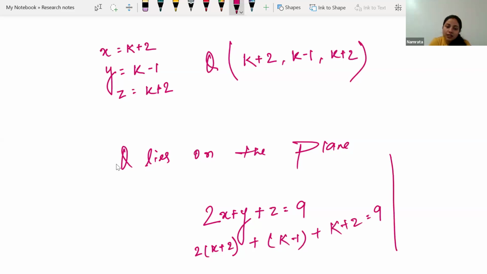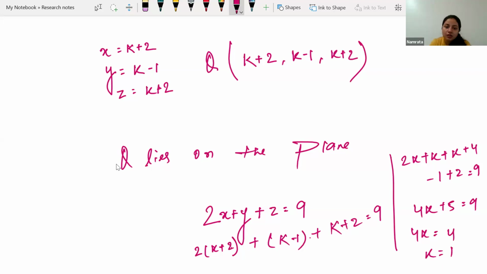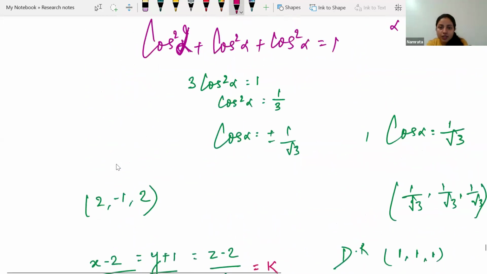Okay, so what are we getting from here? 2K plus K plus K is 4K, and 4 minus 1 plus 2 is 5, equals 9. We are getting 4K equals 4. K will be 1. Okay, we got K as 1.